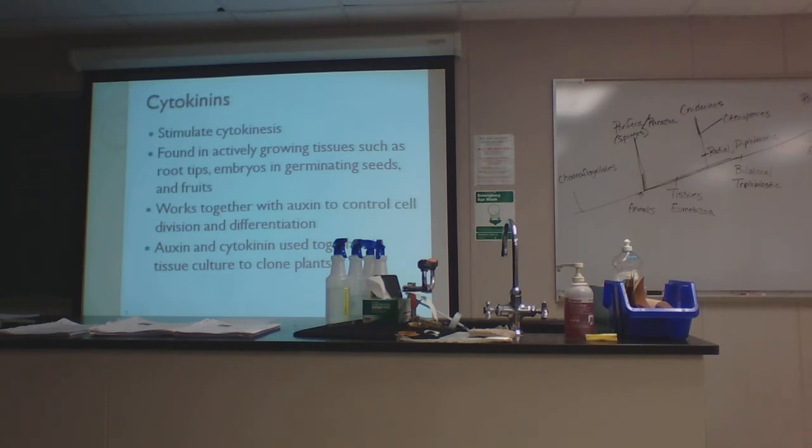And then cytokinin's another growth hormone named after cytokinesis, so it causes cells to divide. It's found in actively growing things like the buds, the apical meristem, stuff like that.